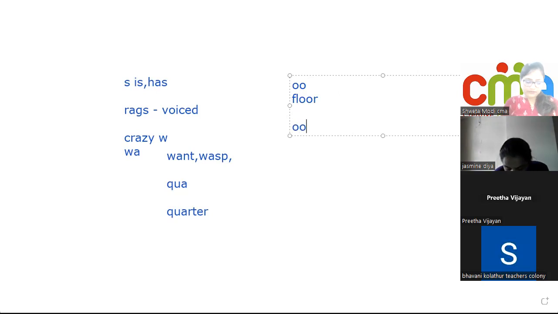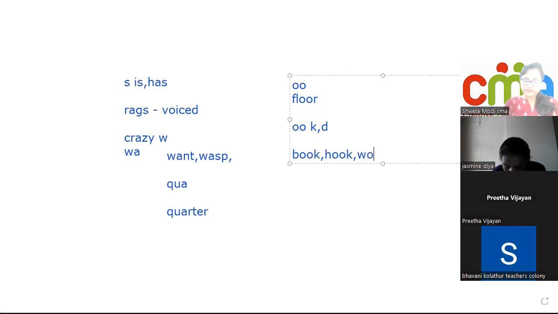So when double O ends with letter K or D, then mostly it is short. Can you give examples? Book, wood.